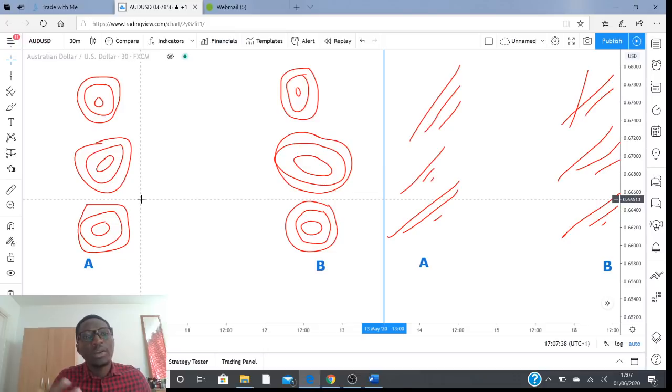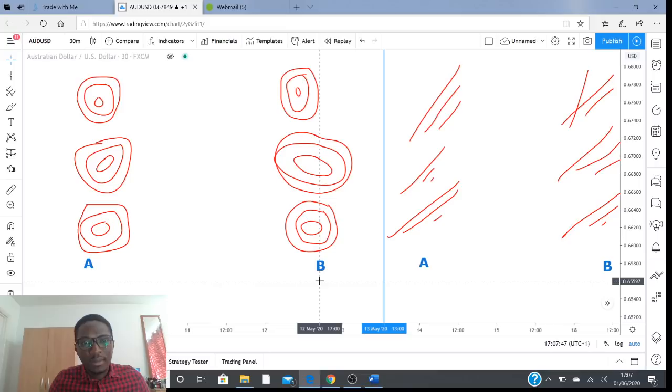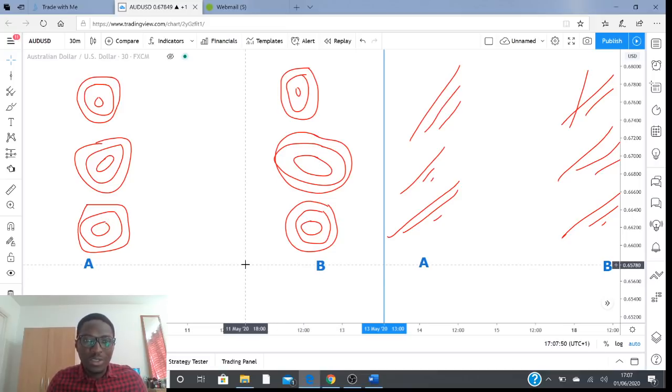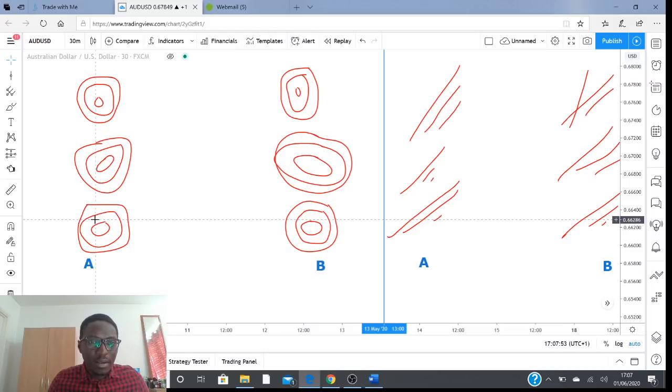So you can't really say the word perfect if you're just looking at the pictures on set A. But if you're comparing it to the pictures on set B, it's perfectly normal to say that the pictures on set A are more perfect than the pictures on set B. Obviously, looking at set B, it's the only set where, if you look at the second picture, that circle kind of comes in and touches that line, while in set A, every single one of them, I mean, it's not exactly the same, but they're perfectly imperfect. If that makes sense to you.